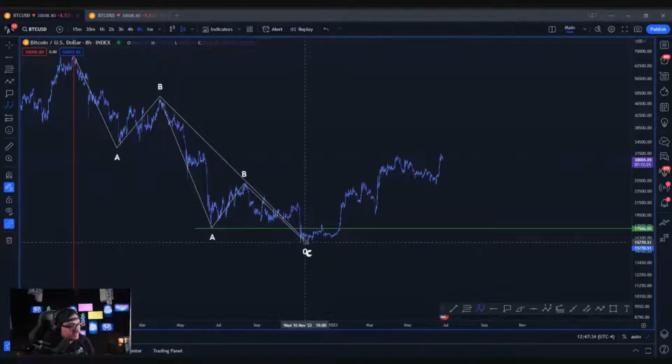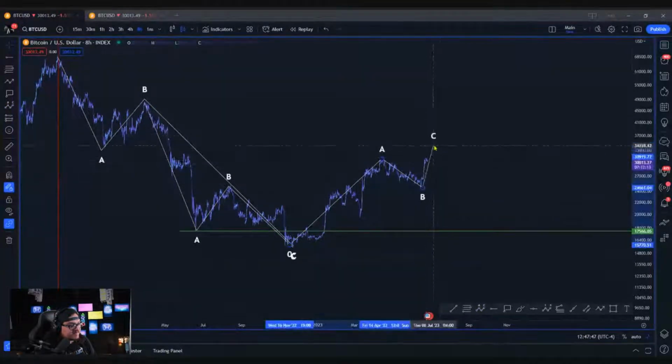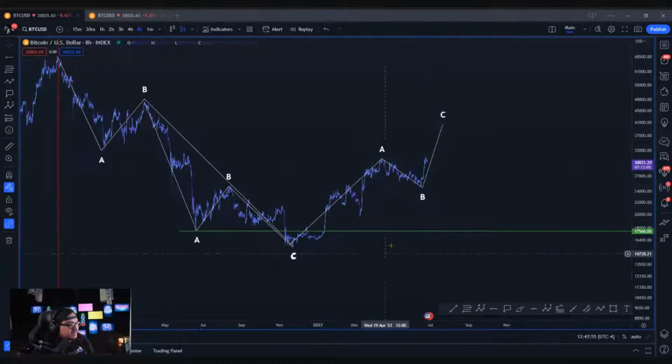In my opinion, we do have a nice A to a possible B, or A to a B to a C. Now, the C could be done here. We could be pulling back, or we could just keep pulling back temporarily, and eventually we're going to keep making a push higher, eventually breaking higher levels of resistance, which we'll talk about once we zoom in a little bit.